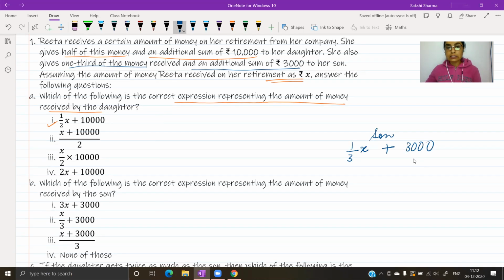So which of these represents this expression correctly out of the 4 options that we have? Last one says none of these. So out of the first 3, which one do you think is right? Second part. Second option. 1 by 3x is the same as x by 3. So this is the correct expression representing the amount of money received by the son.